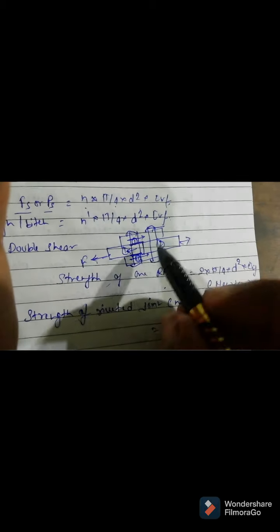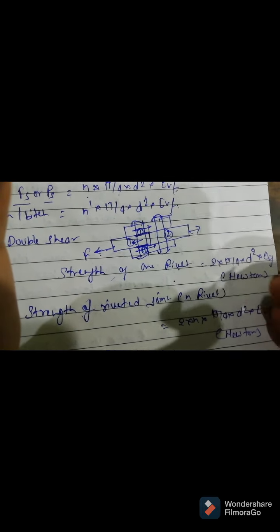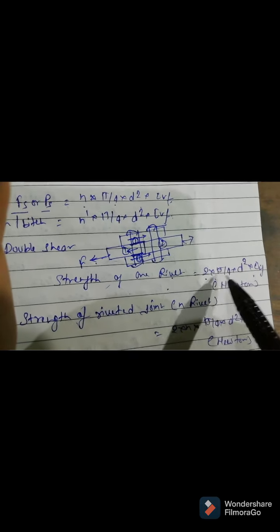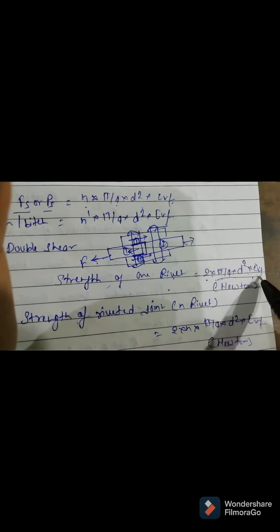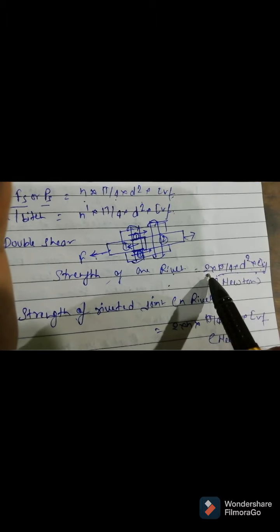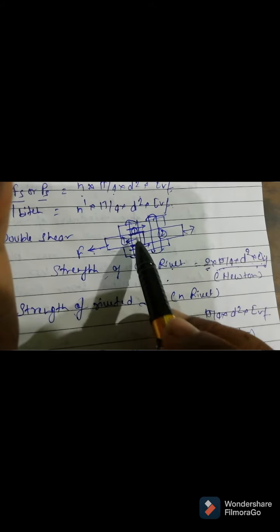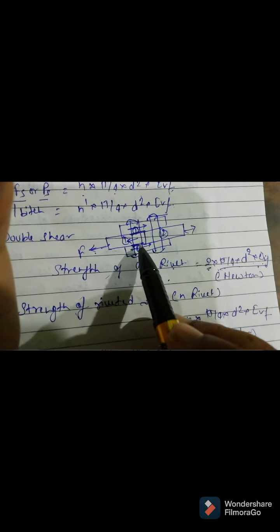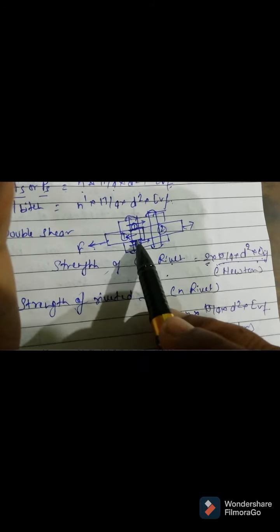Now the strength of one rivet is the cross-sectional area multiplied by the permissible shear stress, so 2 into pi by 4 into d square into tau_f. That is the single shear multiplied by 2, because here the shear strength is increased by 2, since these forces are divided into two parts.